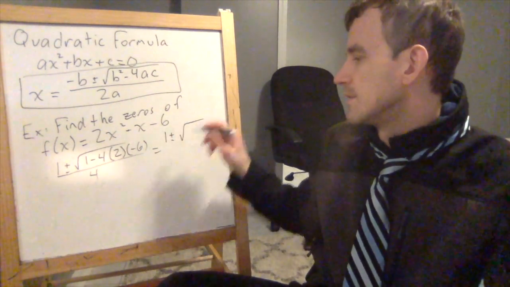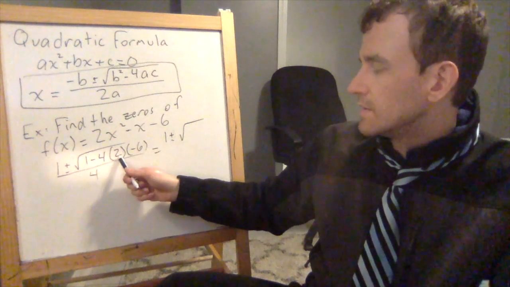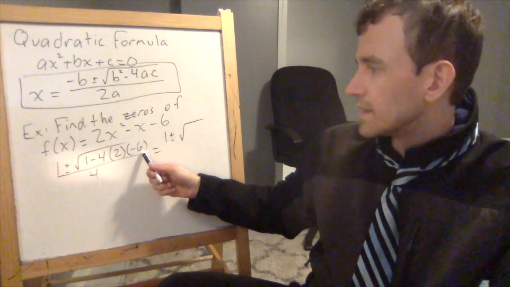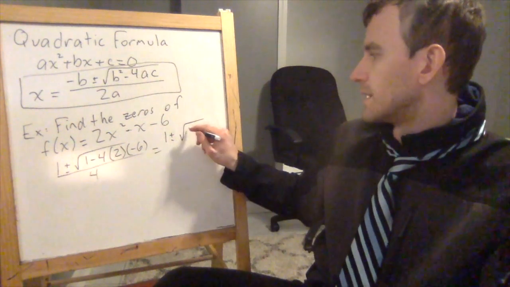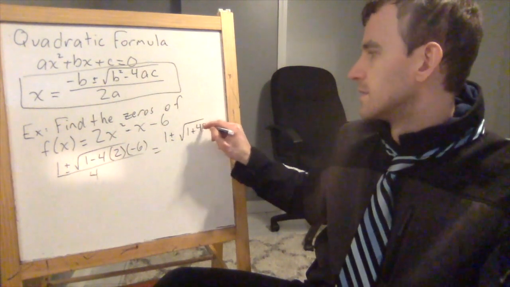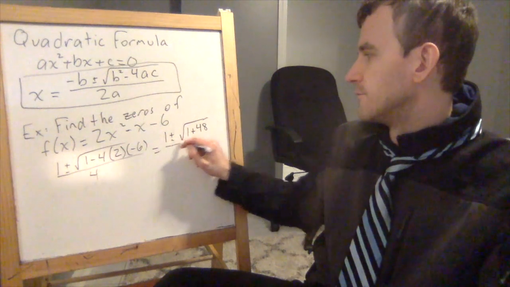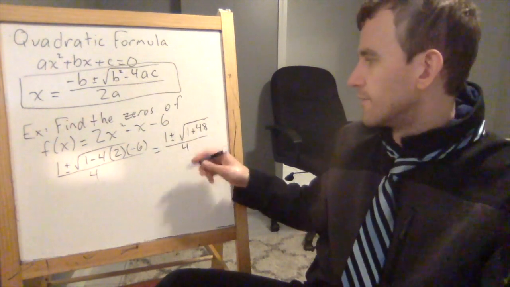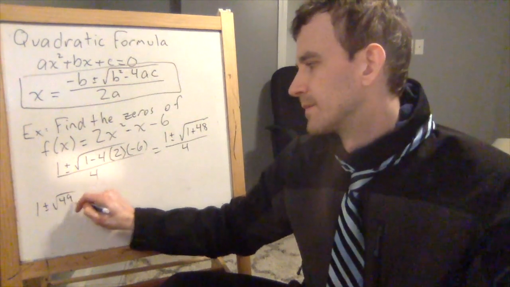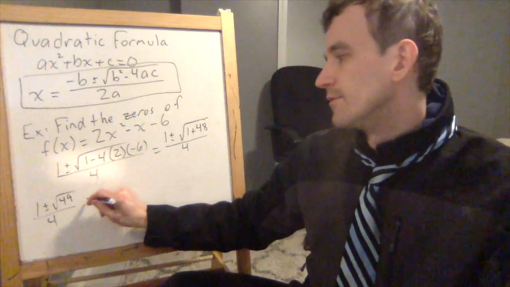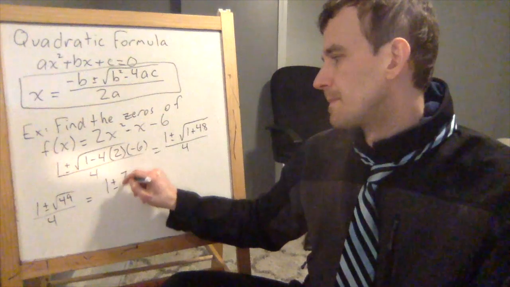Plus or minus the square root of 4 times 2 is 8, times 6 is 48, minus minus becomes plus, so it's 1 plus 48 under the radical, over 4. 1 plus 48 is 49, and root 49 is 7.